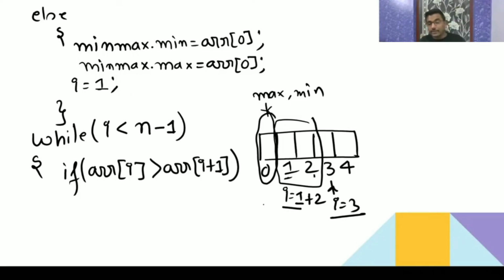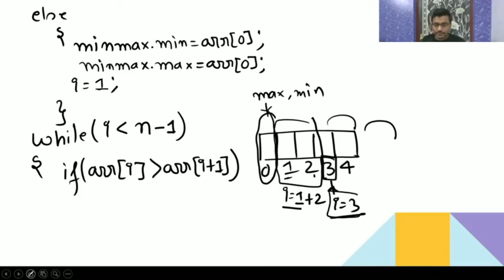Then again I will increase i by 2, so that is going to be 3. Further, there's no need to increase, because when i is 3, I will compare these two elements, and when i is 5, then I will compare these two elements. Understood? So that's why I am writing the loop so that it should run till n minus 1. Please let me know whether it is clear or not, because I should go till here.